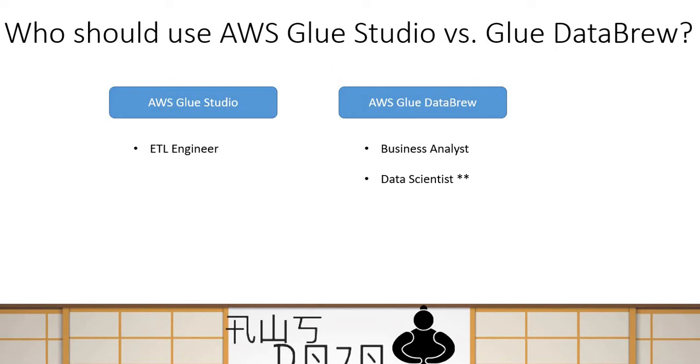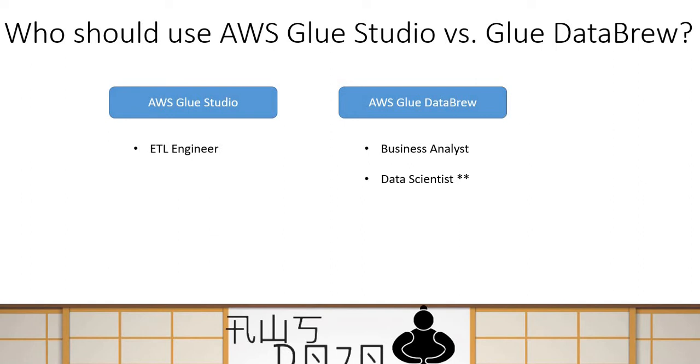Since data scientists can use DataBrew, that doesn't mean DataBrew provides all the steps. DataBrew helps you only with the data preparation and data transformation part, where you are normalizing your data, cleansing your data, doing feature engineering. That part Glue DataBrew helps, but it does not help in training your model, optimizing your model, or deploying your model.